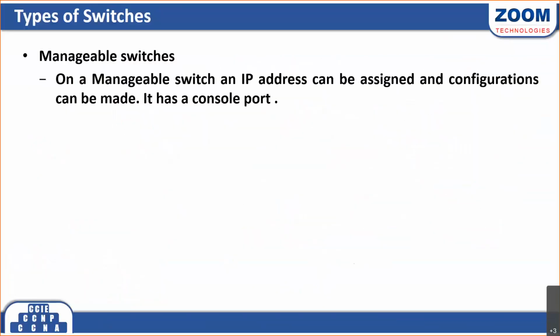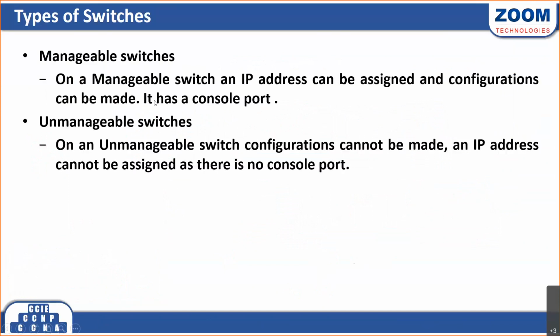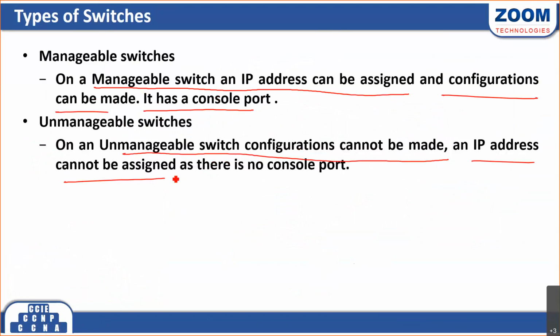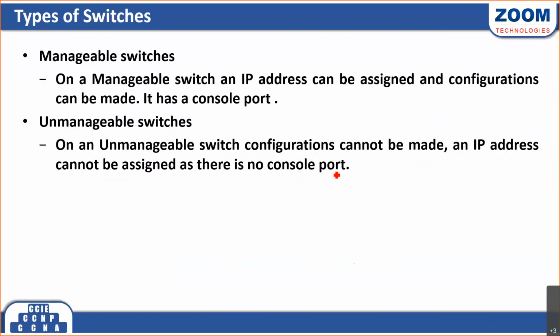So how can we identify? A manageable switch can be assigned an IP address, configurations can be made, and it has a console port. An unmanageable switch cannot be configured, an IP address cannot be assigned, and there is no console port. So by seeing the console port, we can identify a manageable or unmanageable switch. Okay.